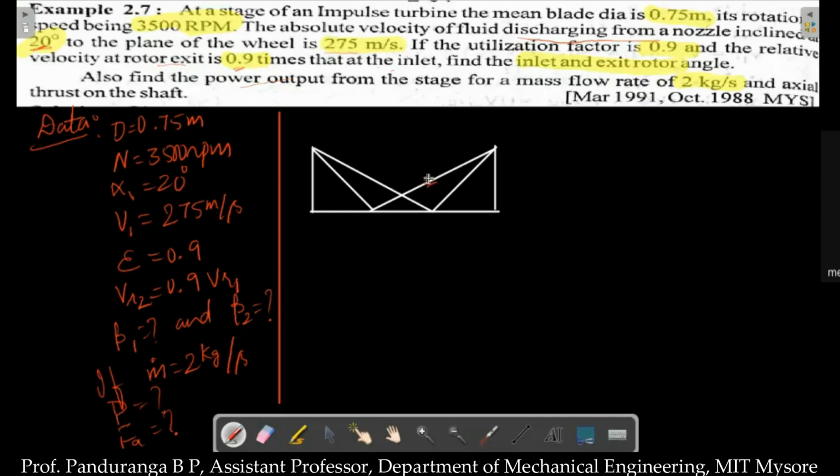So here this is V1, this is VR1, this is Vf1, and from here till here it is U, and this is VR2. VR1 and VR2 start from the same point. This is V2. V1 and V2 start from the same point, and this is Vf2. From here till this end it is Vu2, and from this point till the right end it is Vu1.